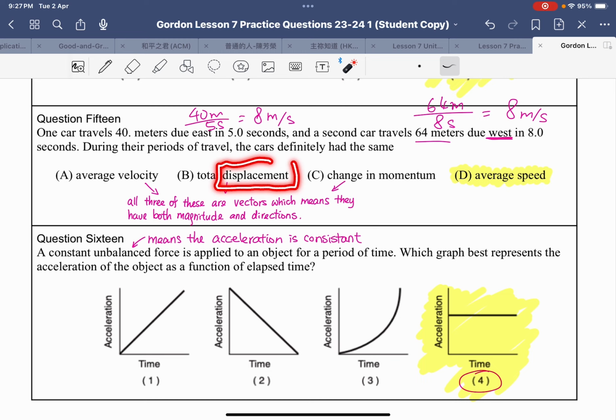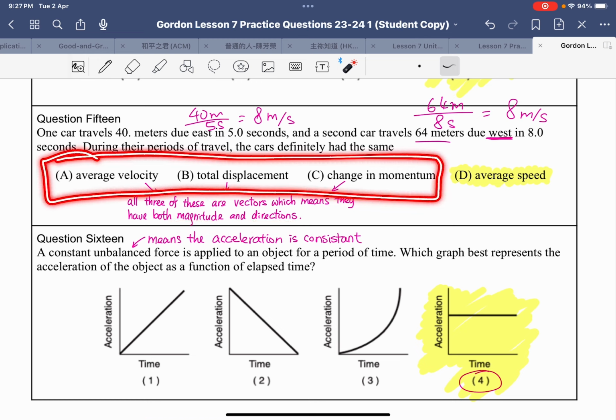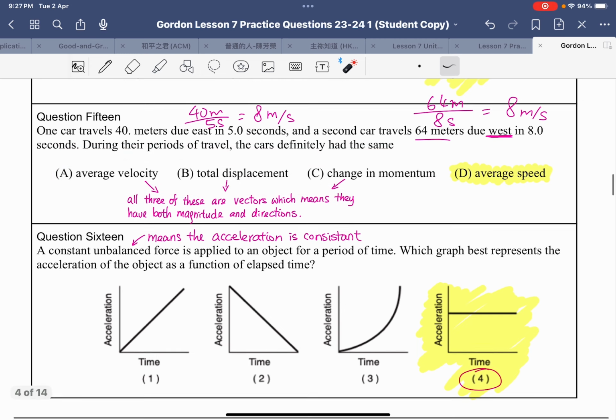Displacement is also one. So displacement has the direction component to it as well. If you don't have the direction, we call it distance, all right? Momentum, again, it is a vector, so they have both magnitude and direction. And so all three of these are vectors with the component of direction, and so they wouldn't be the same.